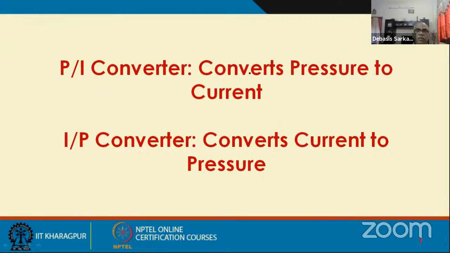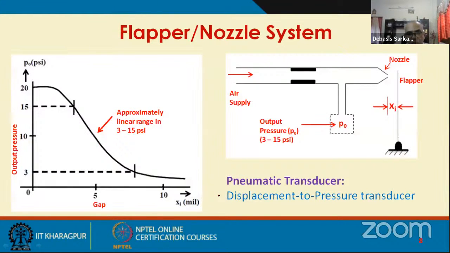So a P to I converter converts pressure to current, and an I to P converter converts current to pressure. Now let's quickly take a look at how I obtain an I to P converter or P to I converter with the help of the transducers that you are already familiar with. You are familiar with the flapper nozzle system. You are also familiar with LVDT, or linear variable differential transformer.